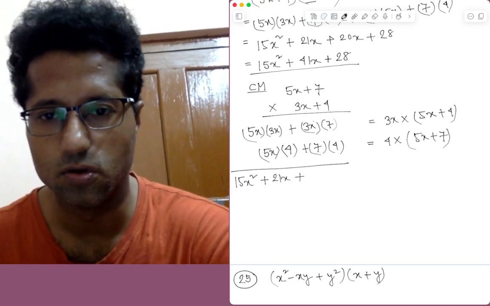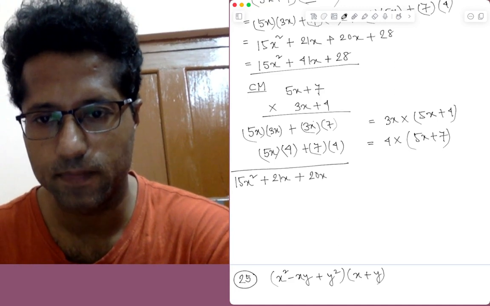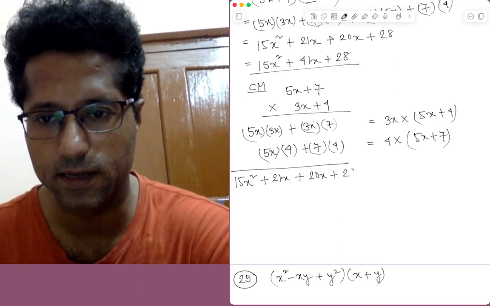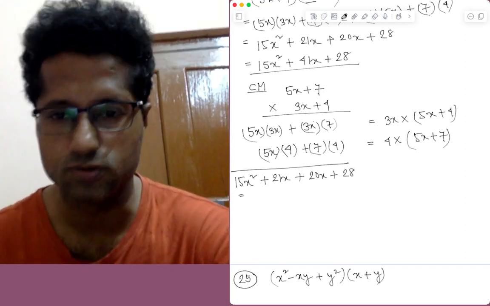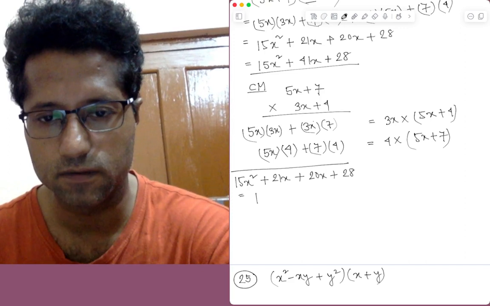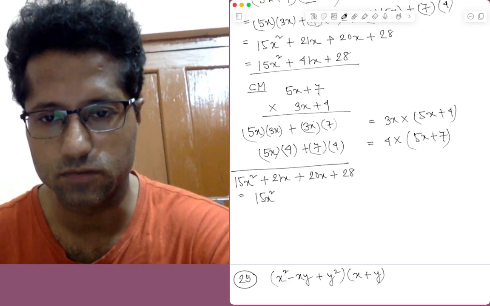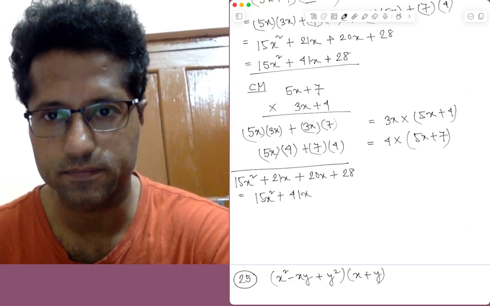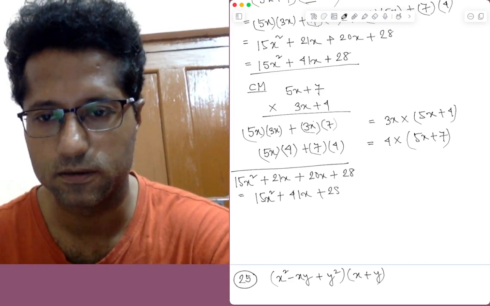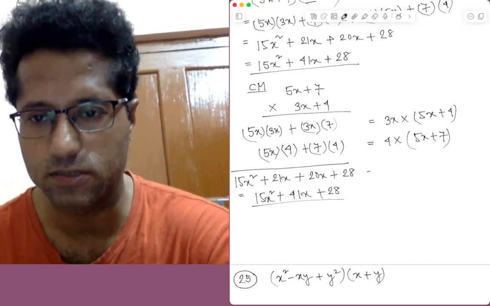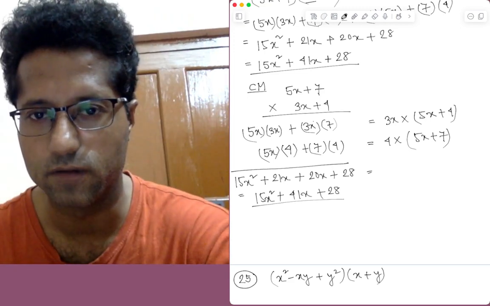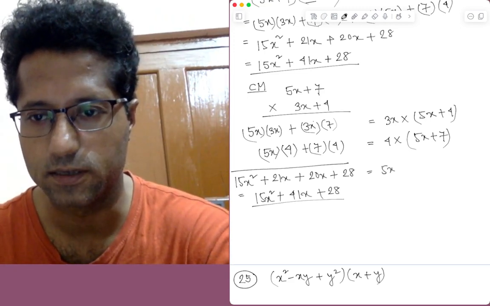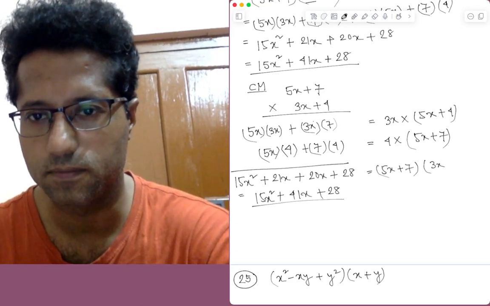From the second row, the first term is 20x and the second term is 28. After combining the like terms, 21x and 20x becomes 41x, so we get 15x square plus 41x plus 28. So the final row is the result, after adding all the like terms, of the actual product, that is 5x plus 7 and 3x plus 4.